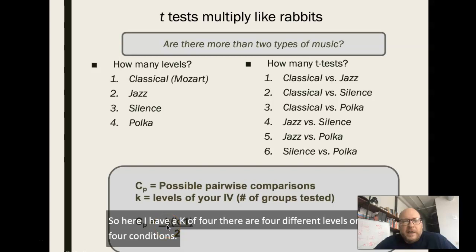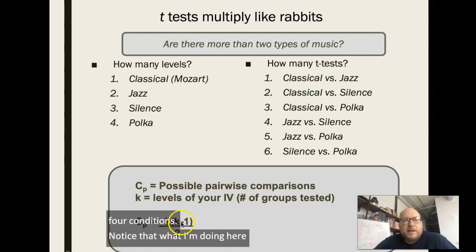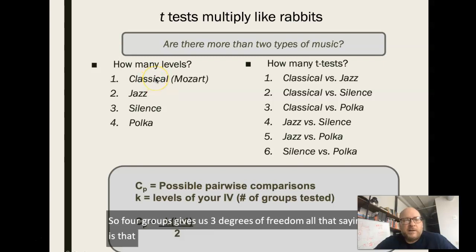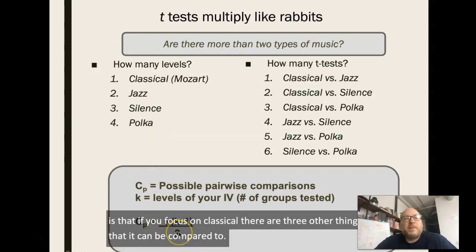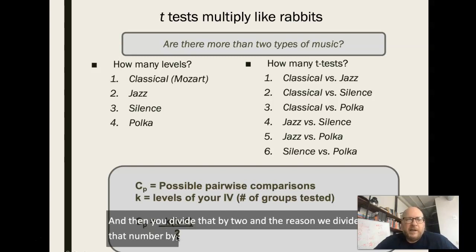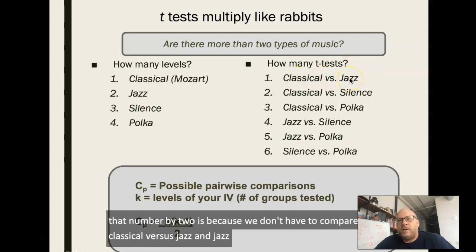Notice that what I'm doing here is multiplying K by degrees of freedom. So 4 groups gives us 3 degrees of freedom. All that's saying is that if you focus on classical, there are 3 other things that it can be compared to. And then you divide that by 2, because we don't have to compare classical versus jazz and jazz versus classical.